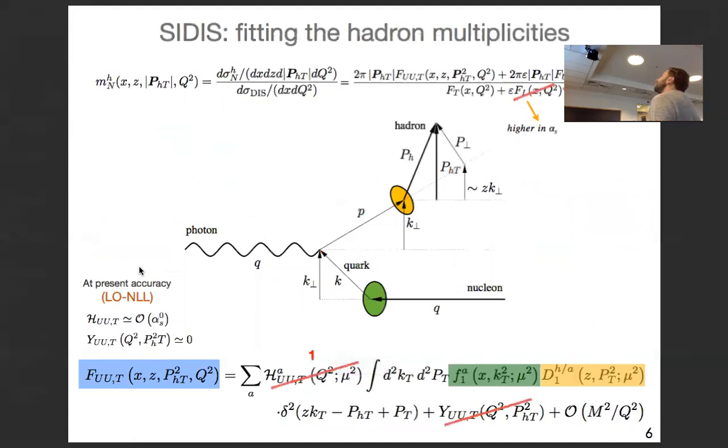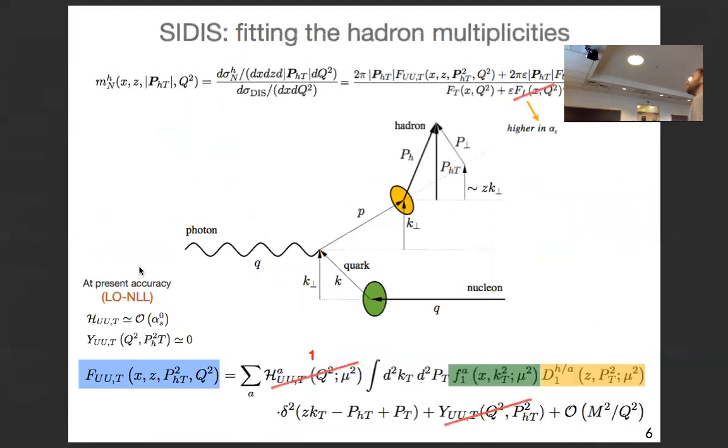production. Fitting the hadron multiplicities means fitting this quantity, the multiplicity, so the ratio of the production of the hadron H normalized to the inclusive deep inelastic cross section. And you have the complete formula, which is this one.